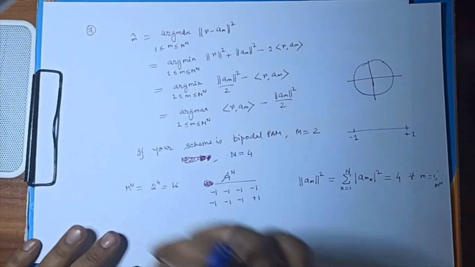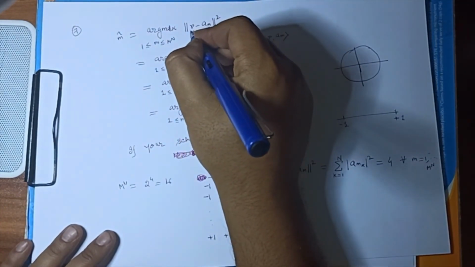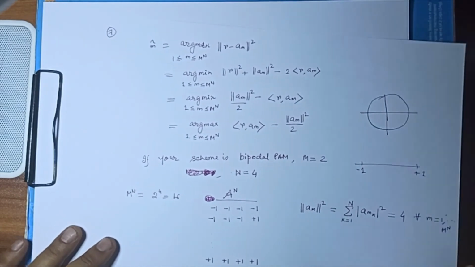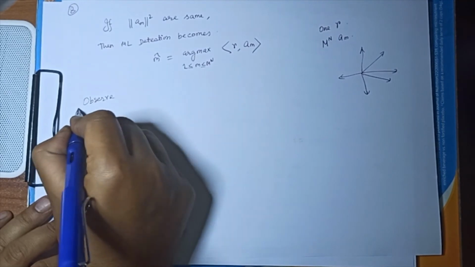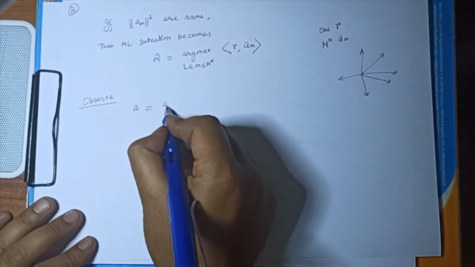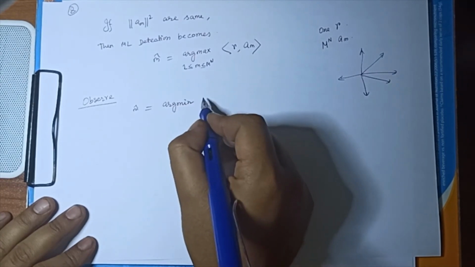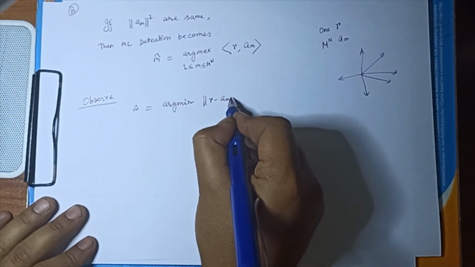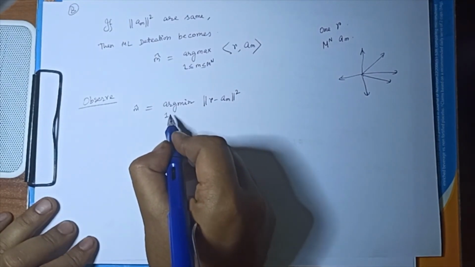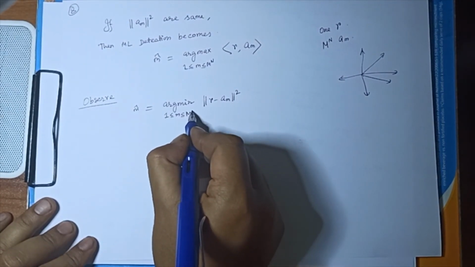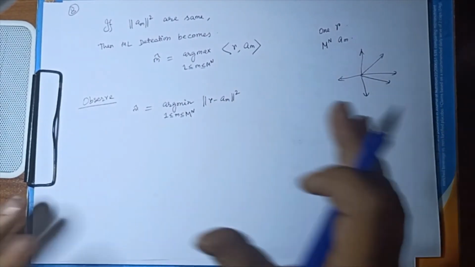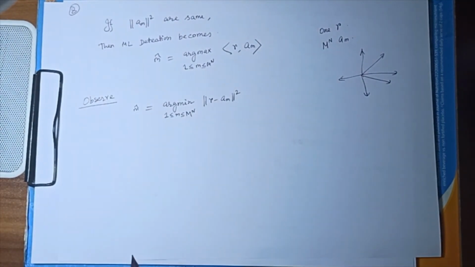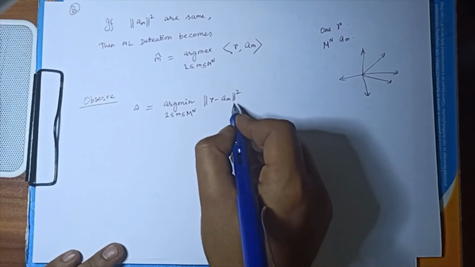Let us go back to the earlier form, that is the minimum distance between the received vector and the possible symbol vectors. So observe, m hat is equal to argmin of the norm of r minus am squared. Again I am reiterating that this is a vector of length n, and this is the L2 norm.